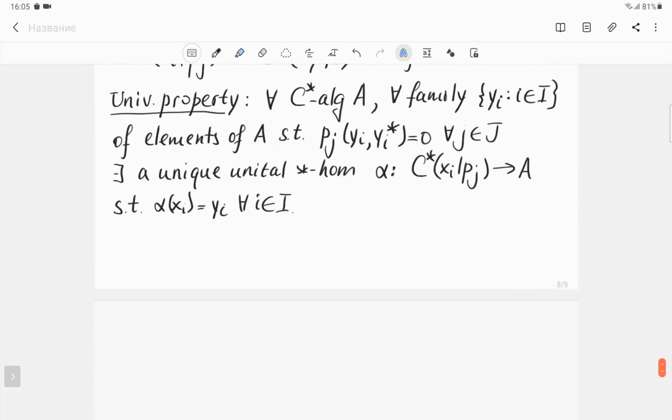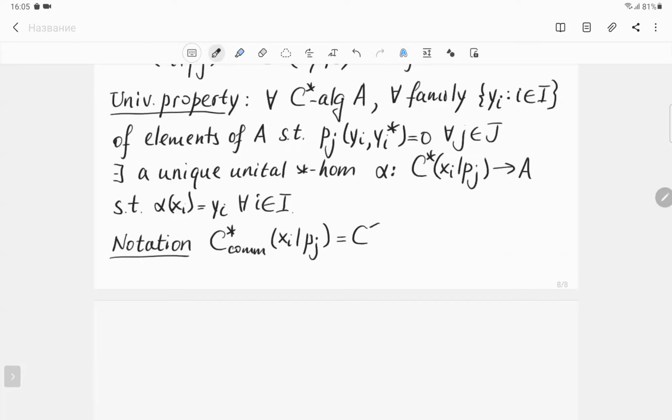And sometimes we will need to consider the universal commutative C-star algebra with the same property. So we introduce some more notation. We define the universal commutative C-star algebra generated by the elements xi with relations Pj as follows.